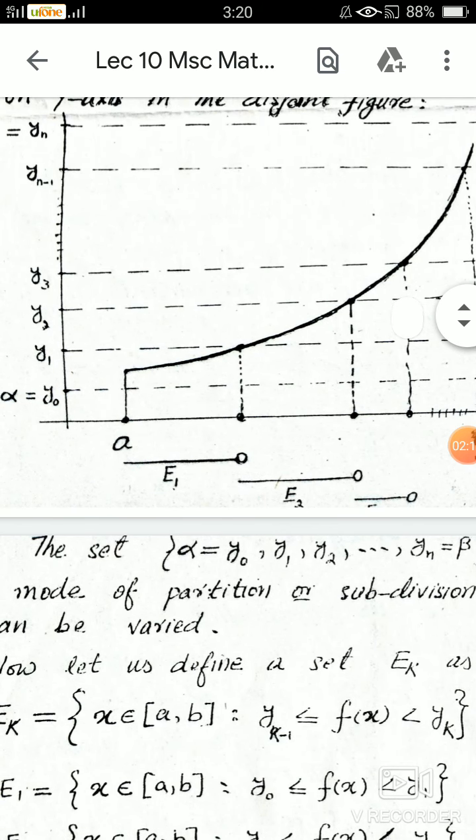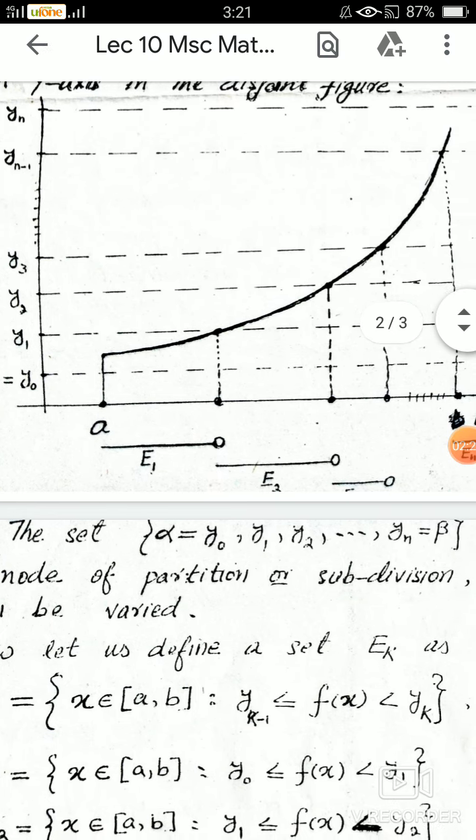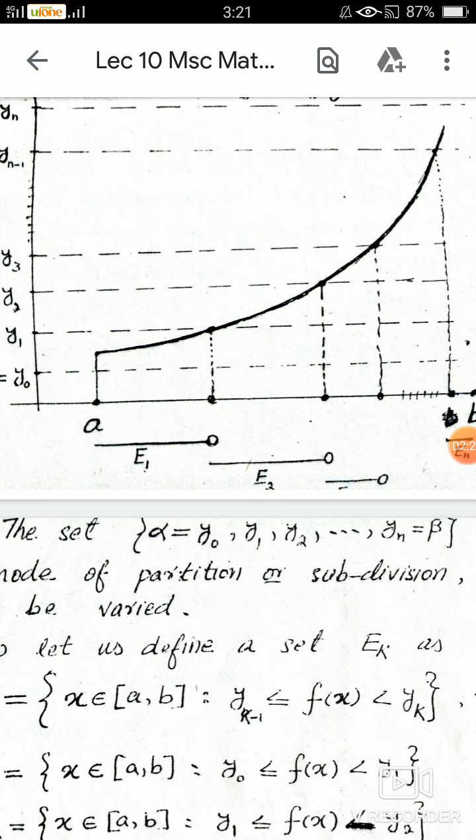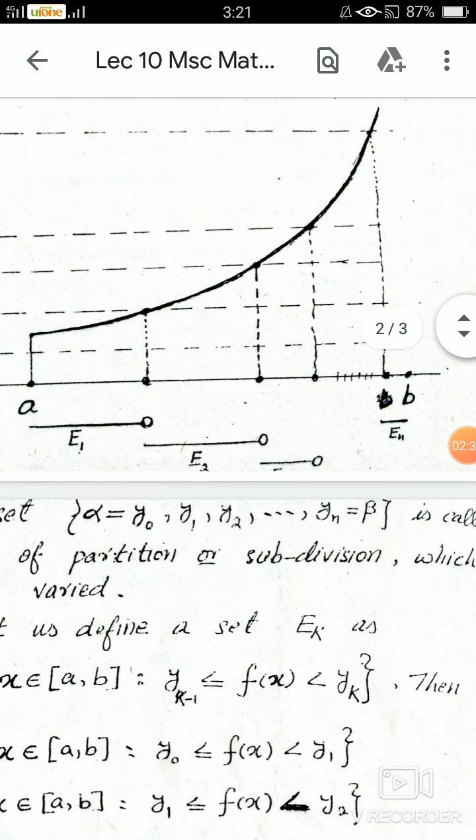Similarly, between y1 and y2 we get the function f(x), and on the domain it is represented by e2. Similarly for y2 and y3 we get e3, and so on, for the points y(n-1) and yn we get en in the domain.